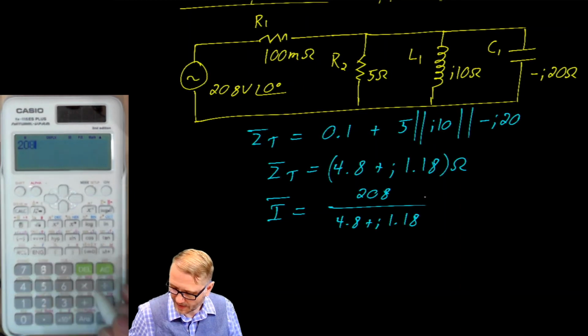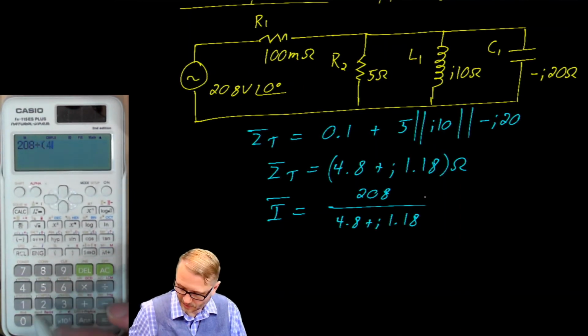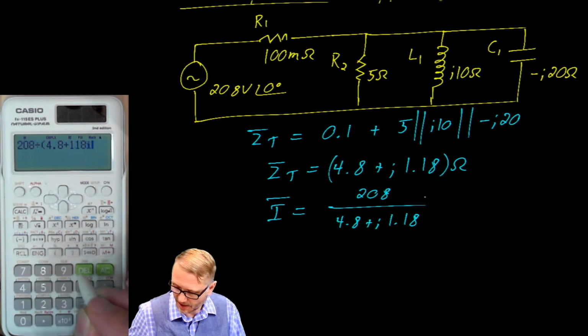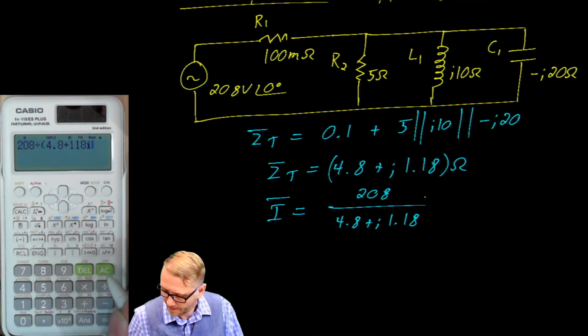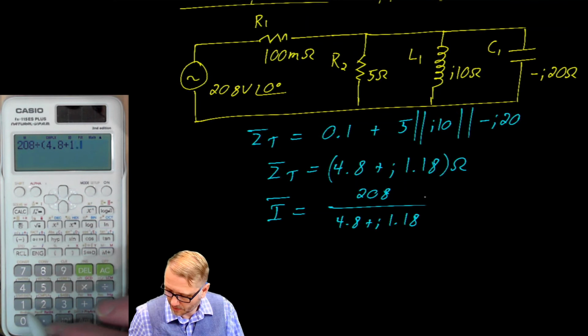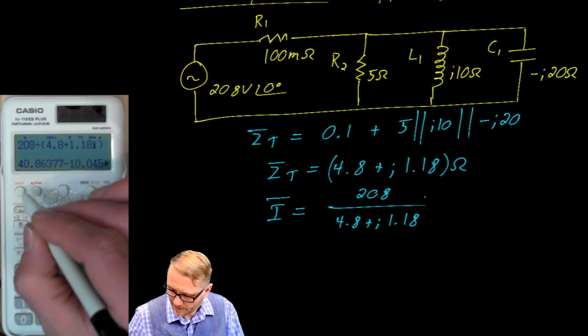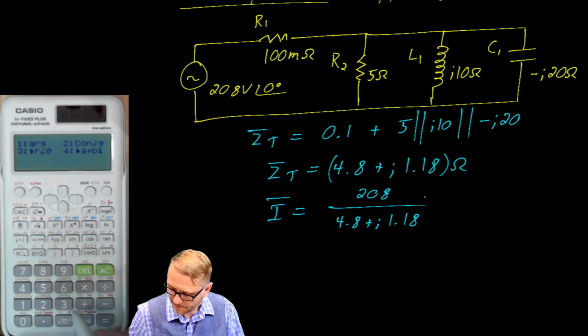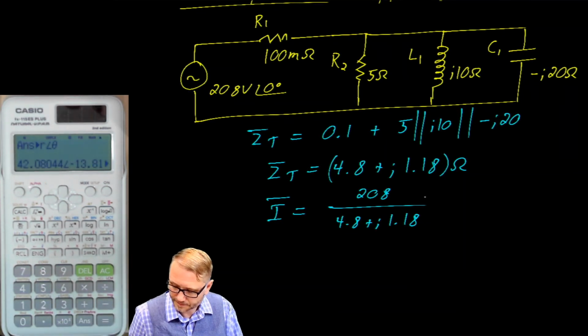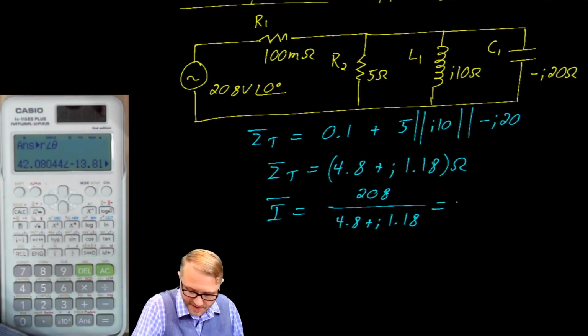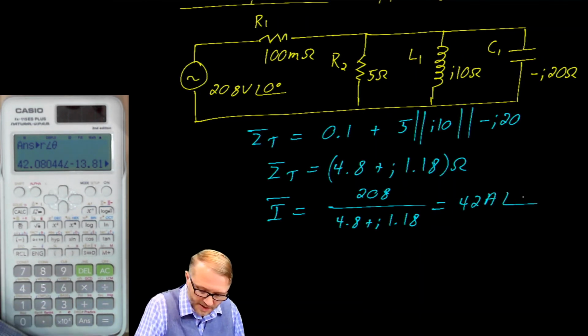So that's 208 divided by 4.8 plus 1.18j. And in polar, the current is 42 amps at a phase angle of negative 14 degrees.